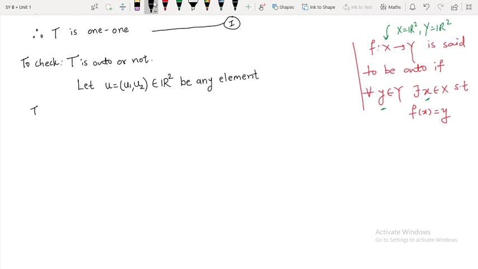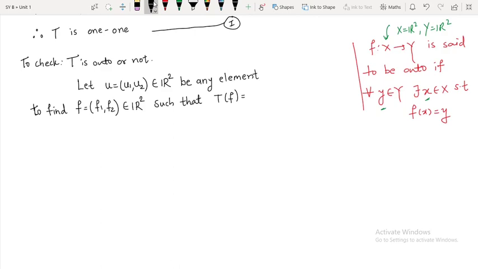So to find (f1, f2) belonging to R2, so this is our domain, such that which condition should be satisfied?